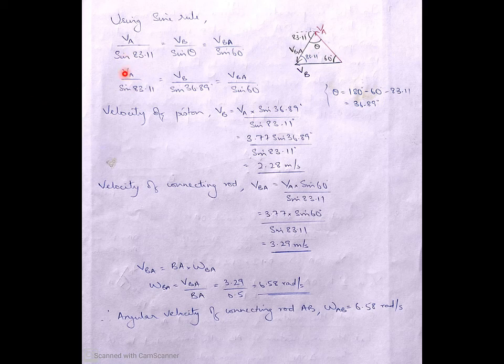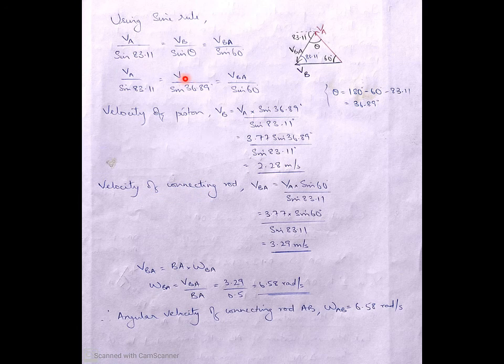VA is already known to you, which we solved earlier as 3.77. Taking each one at a time, velocity of B equals VA into sine 36.89 divided by sine 83.11. With VA as 3.77, you get the velocity of the piston as 2.28 meters per second.